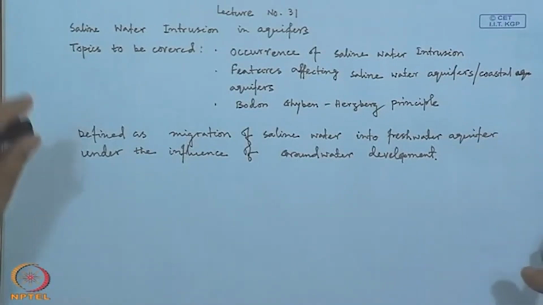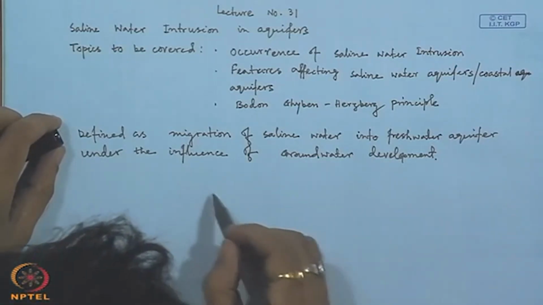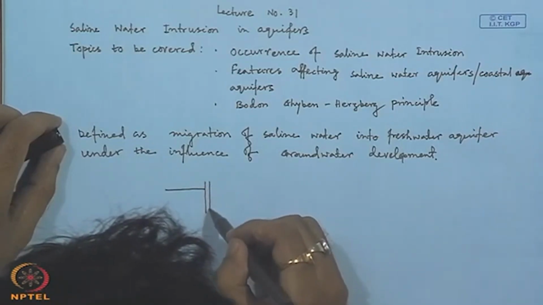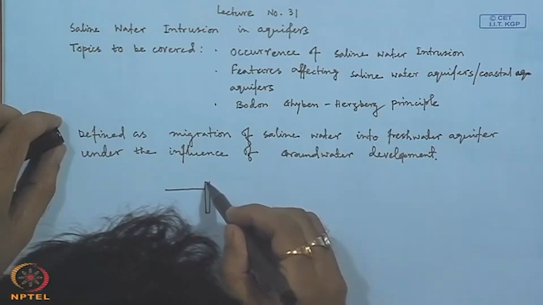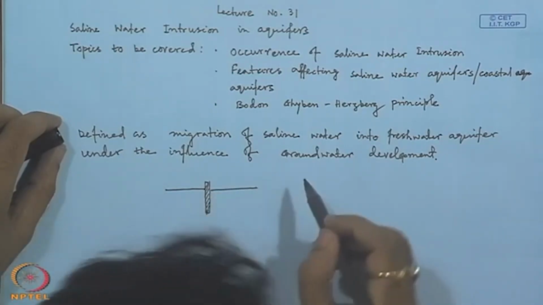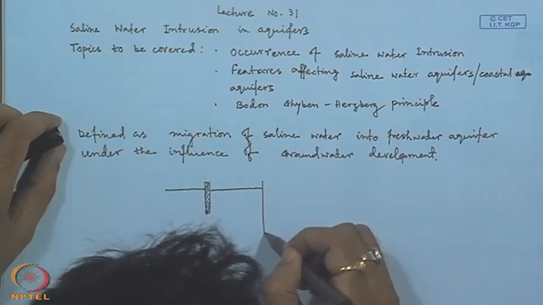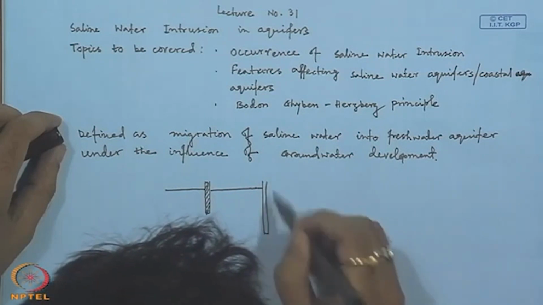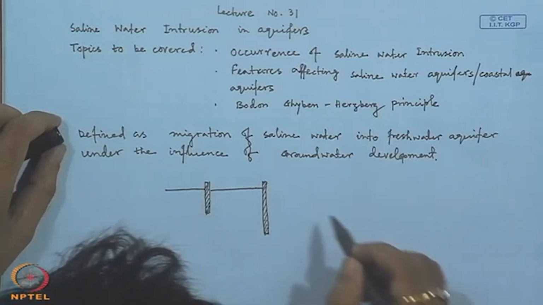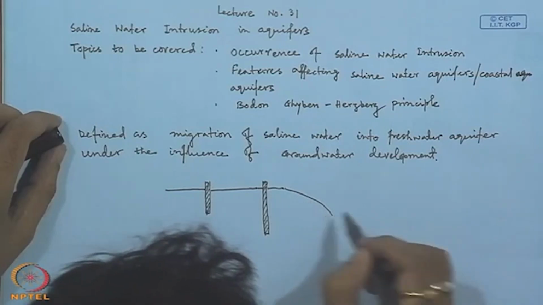If we see our coastal aquifers, then let us say we have one pumping well, which is drawing fresh water from the coastal aquifers. Another one is the well which is already contaminated.